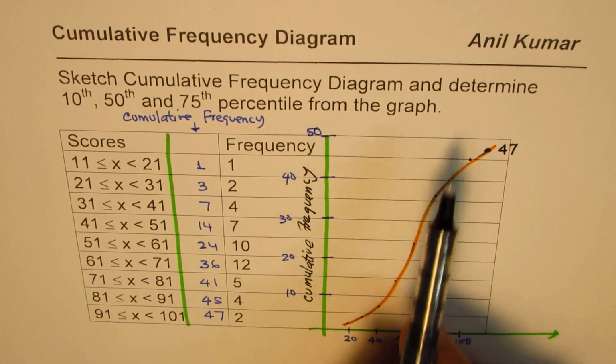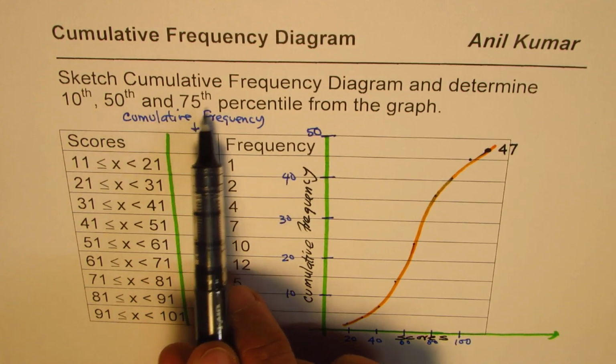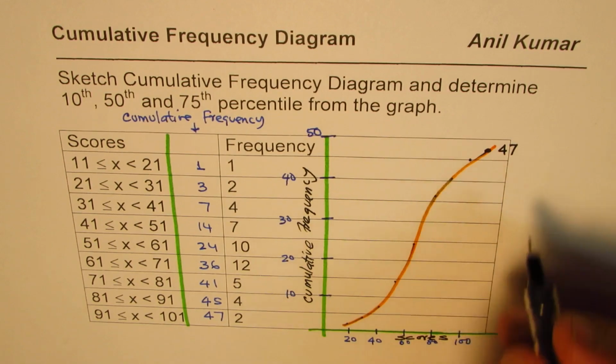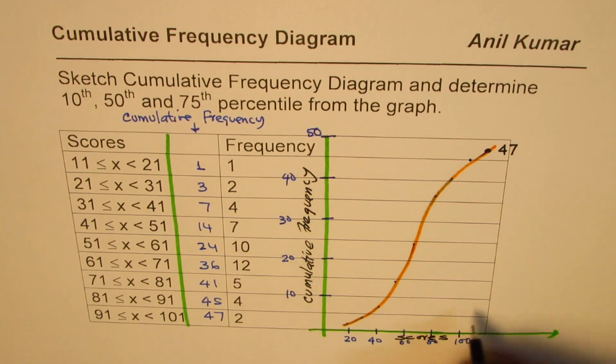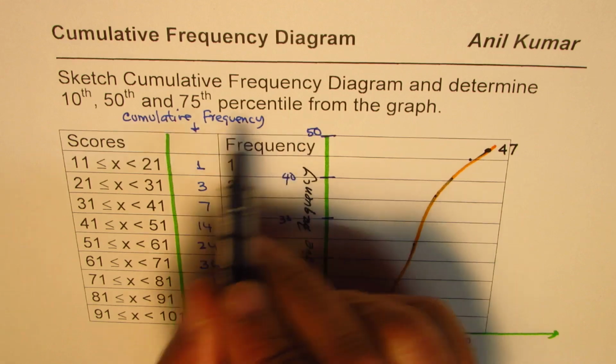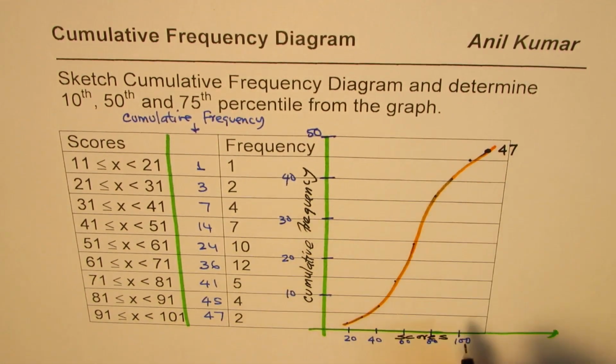Now this is very important for us. 47. Now when we say 10th percentile, 50th percentile, 75th percentile from a cumulative graph, how do we find it? So what is 10th percentile? So let me show you. So when we say 10th percentile, since 10th percentile will be a smaller number, percentile means about 100, right? So 10% of maximum value, which is 47.